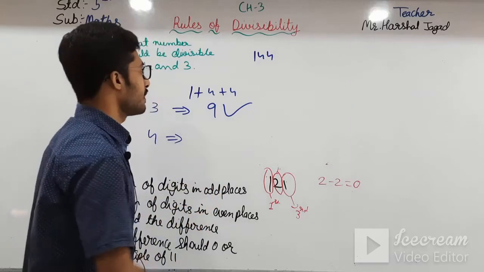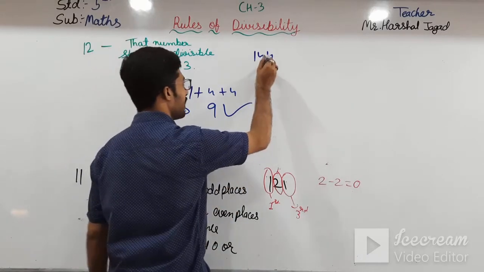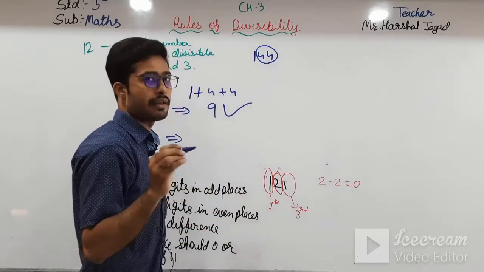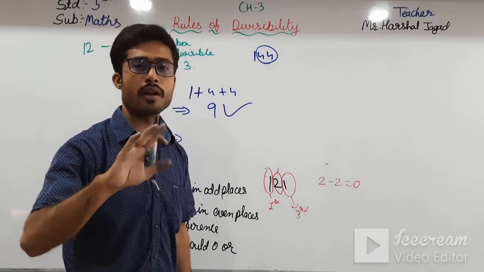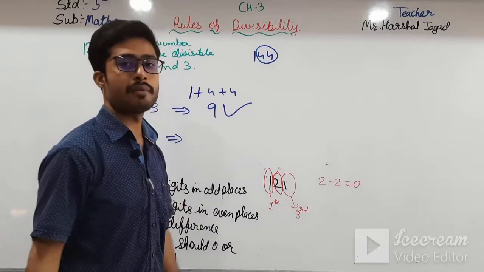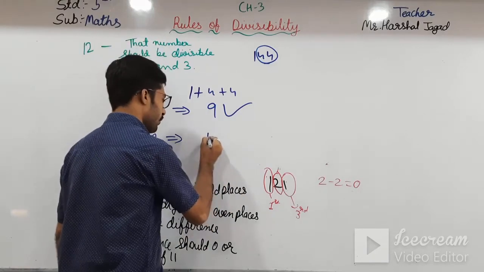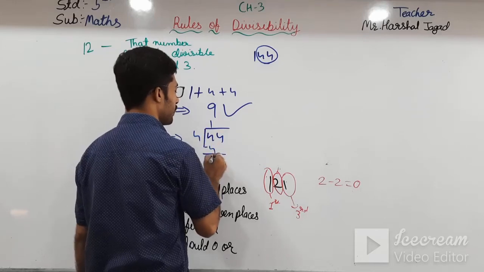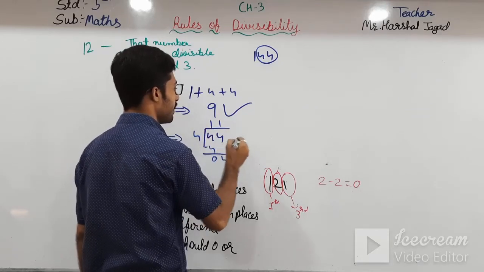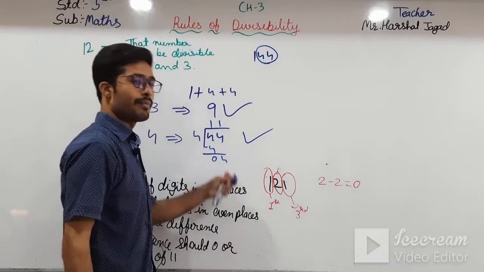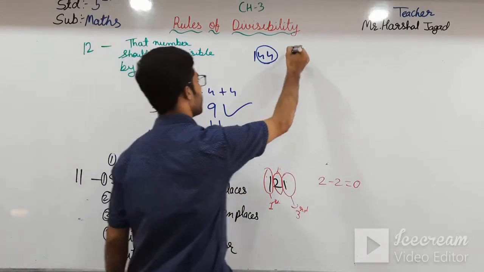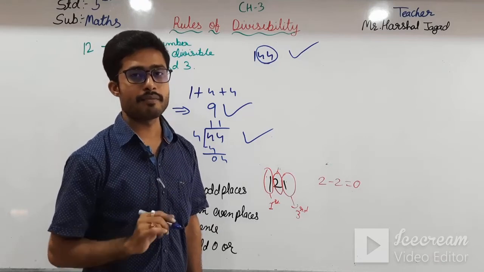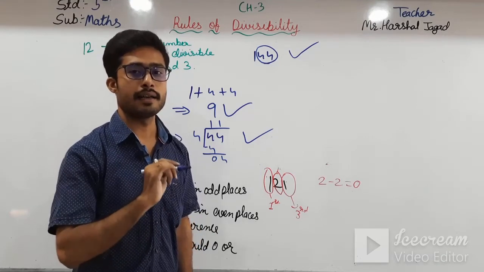In that we have to check the last two digits. If the last two digits are divisible by 4, then the number is divisible by 4. So 44 divided by 4, 4 ones are 4, 4 ones are 4. Yes, that number is divisible by 4. Then this number is divisible by 12.